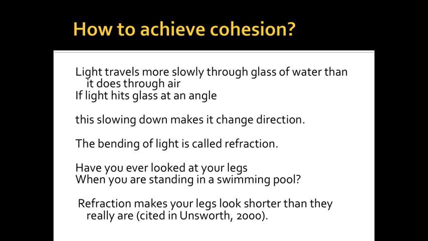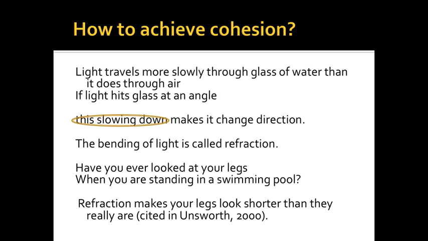The bending of light is called refraction. So the bending of light is the theme, and is called refraction is the rhyme. And have you ever looked at your legs when you are standing in a swimming pool? Refraction makes your legs look shorter than they really are. So refraction is the theme, and makes your legs look shorter than they really are is the rhyme.